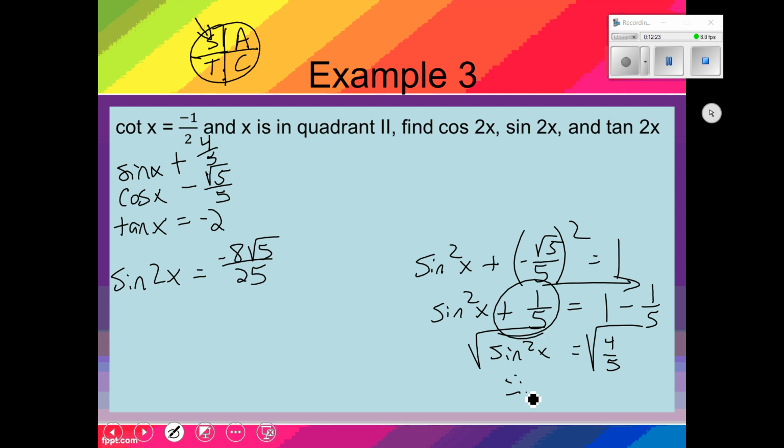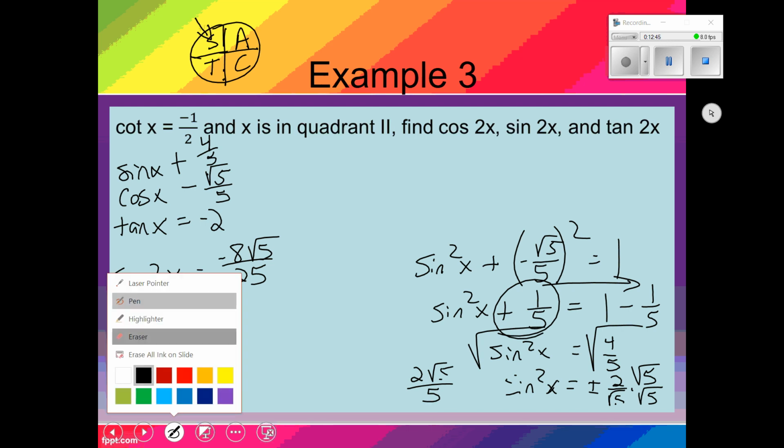So sine of x is going to become plus or minus 2 over the square root of 5, but then I need to rationalize it. So that makes 2 square root of 5 over 5. Yep. So, sorry about that.